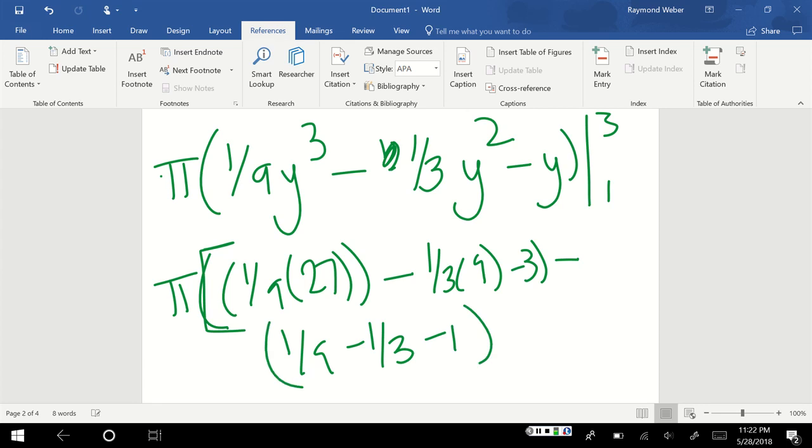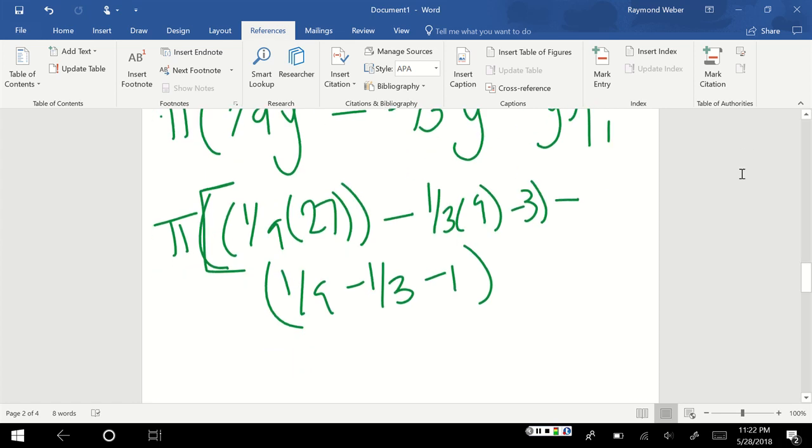Now I'll get out my calculator and do some number crunching. I'm going to do the inside and at the end multiply by pi. So I have 27 ninths, keep them in the right order, minus 3, minus another 3. So this is pi times negative 3 minus 1/9 minus 1/3 minus 1.